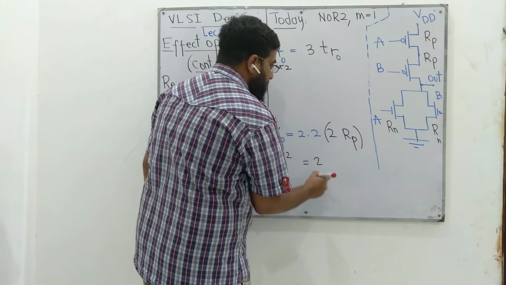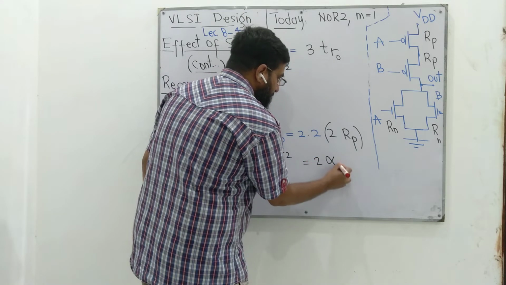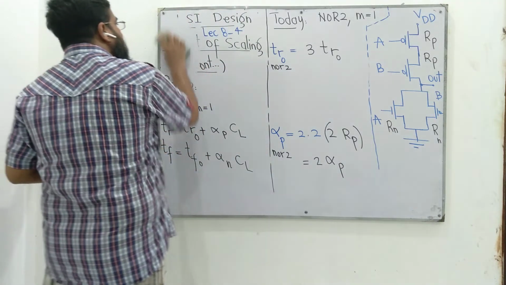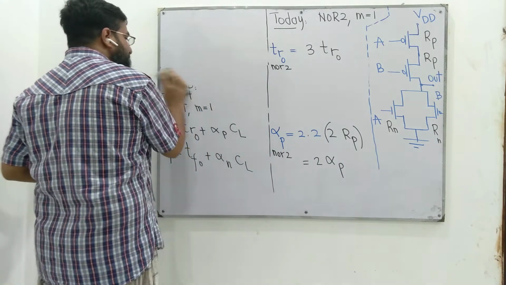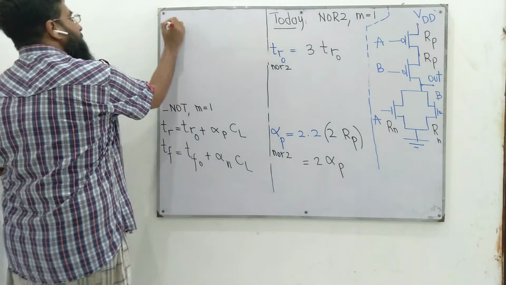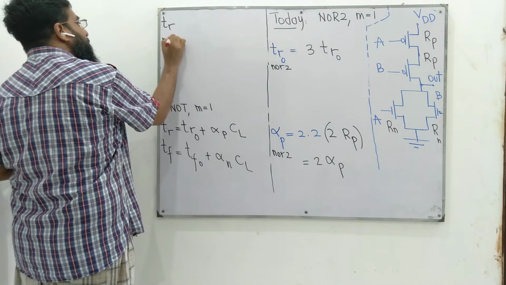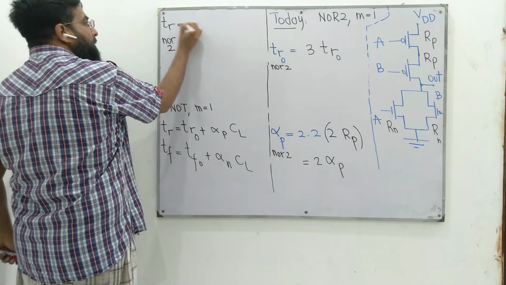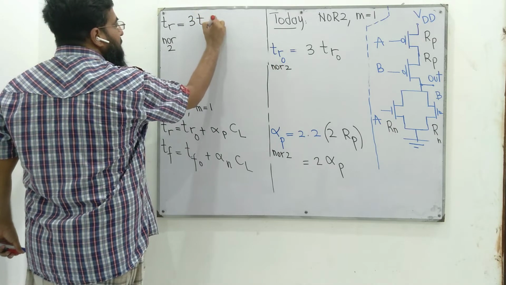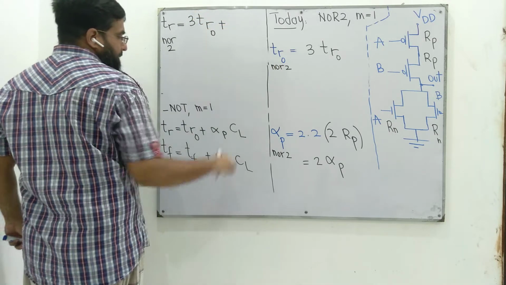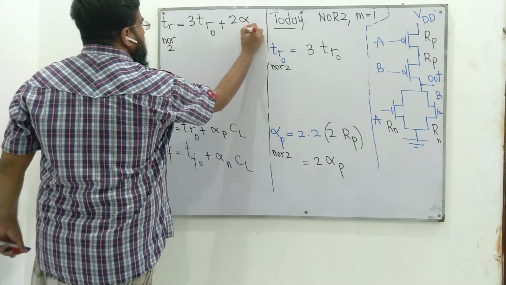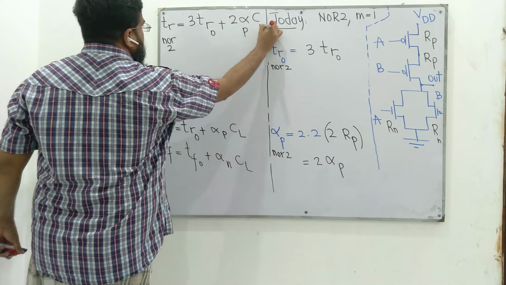This means it is 2 times alpha P. So now we can write the expression for the rise time delay of NOR2 with M equal to 1. TR of NOR2 is its TR0, which is 3 times TR0, plus its alpha P, which is 2 times the standard alpha P, times CL.